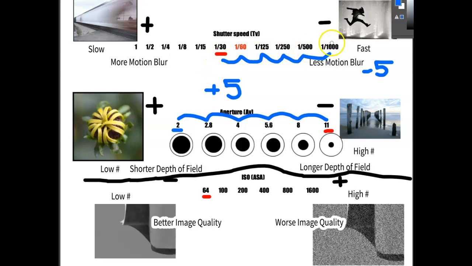A byproduct, though, of our change was that we created a faster shutter speed, which would result in more stop action, so less motion blur. So this would be the correct answer for this particular calculation. We have 1/1000, 2, and 64.